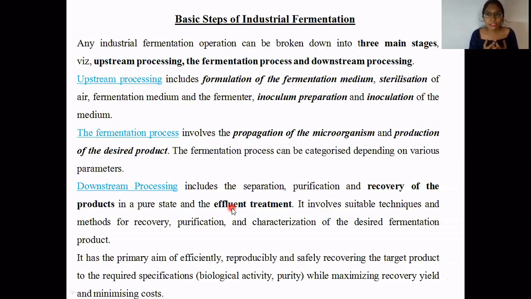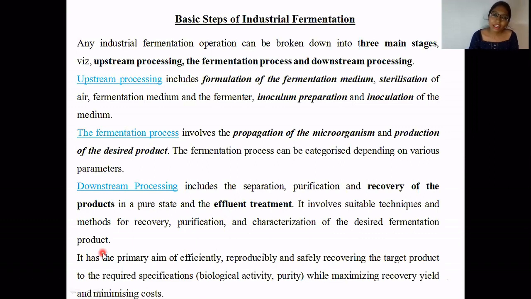Okay, so we will discuss further in the upcoming slides what the steps are, and how at each step the product is recovered and more and more purified, and at the last stage the product is ready for packaging and dispatch.